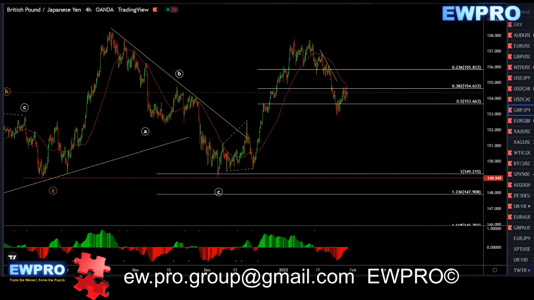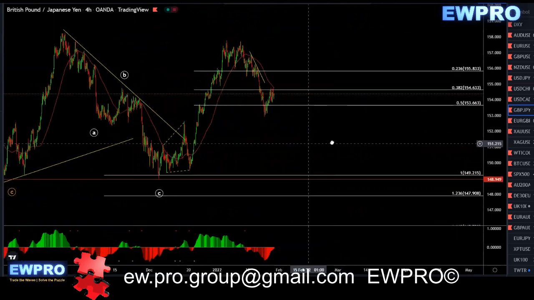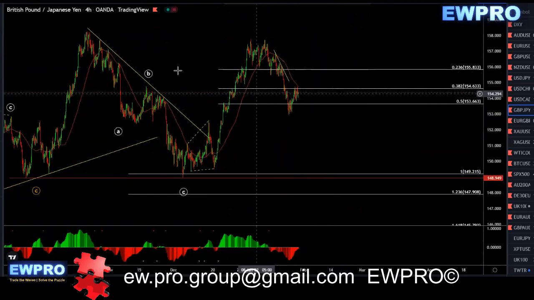So more than likely, this is like an A. We get some sort of a B wave in here and possibly another one up. Sort of the way I'm looking at it. We're in a big correction, so I'd be waiting for a larger correction in here.